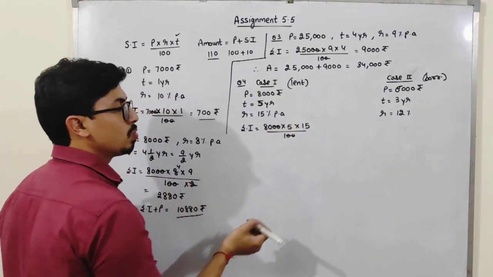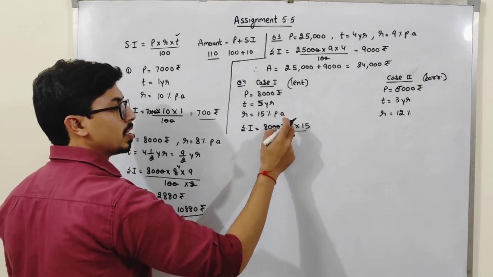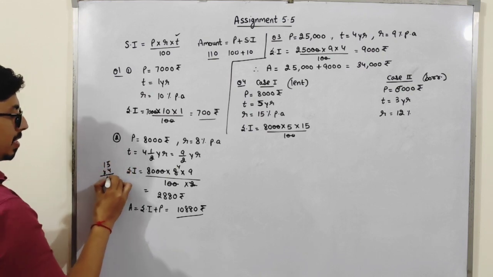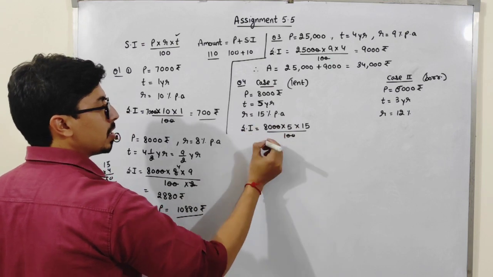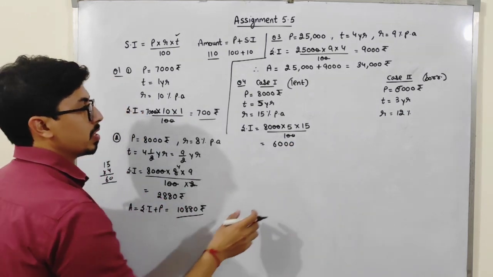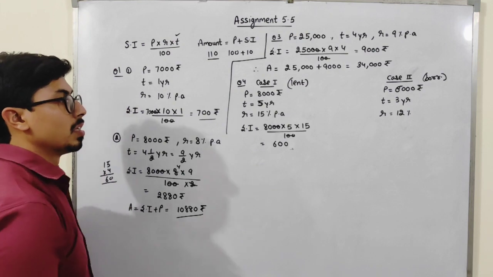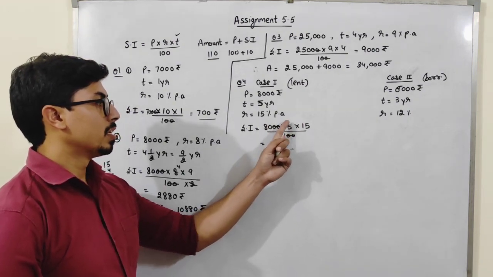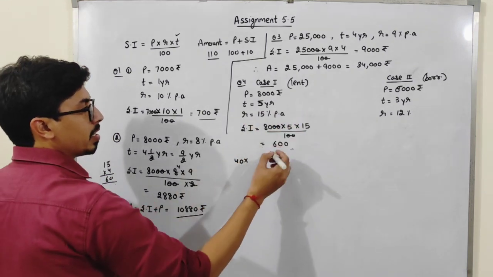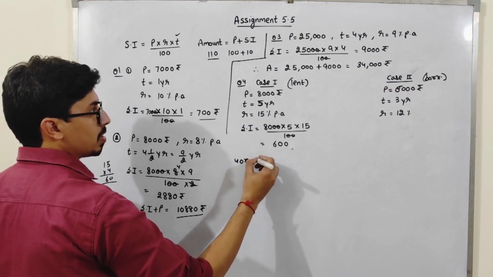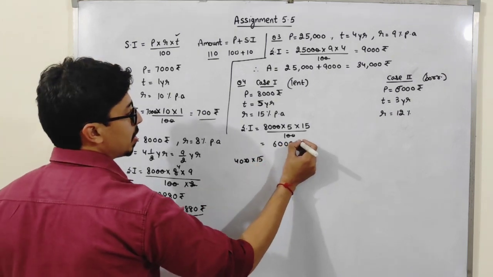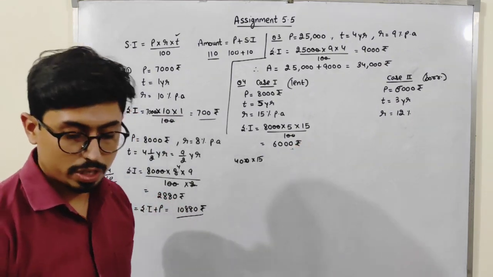Two zeros are cancelled by these two zeros. 8 5s are 40, so 15 into 4 is 60. So it will be 6,000 rupees, students.